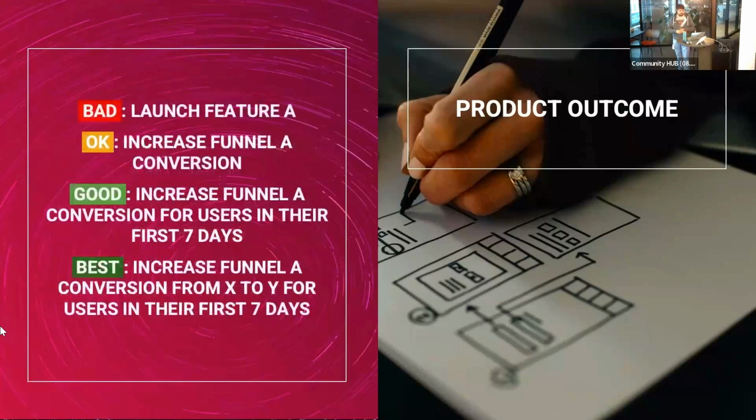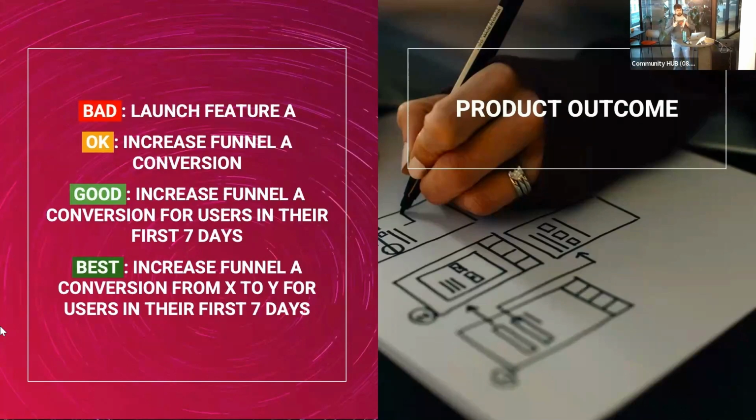So examples of a product outcome: a bad one is to launch feature. So, I want to launch feature X, and that's my outcome. No, that's an output. That's not an outcome. An okay one is I want to increase funnel X conversion. All right, that's good. But it can be better if you are more specific. So I want to increase that funnel conversion for users in their first 7 days.